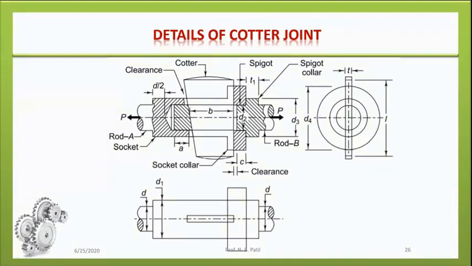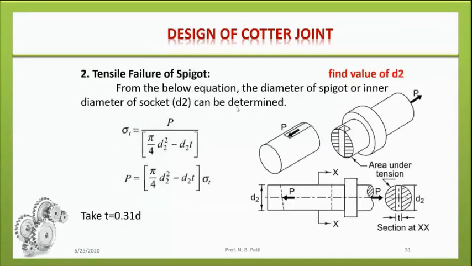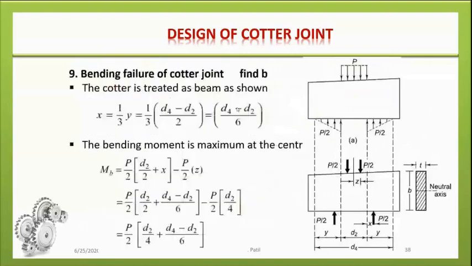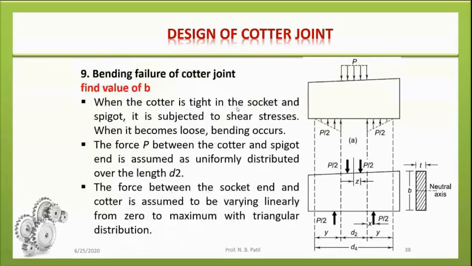If the clearance is not provided, then the Cotter is subjected to direct shear. So in order to overcome such a situation, we focus on both types of stresses occurring inside the Cotter. One is direct shear stress that we discussed earlier, and second one is bending.